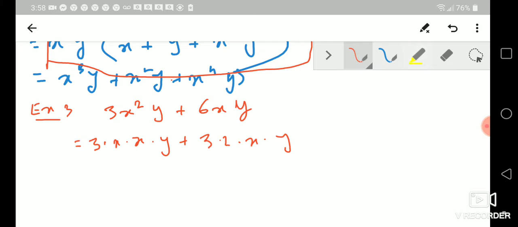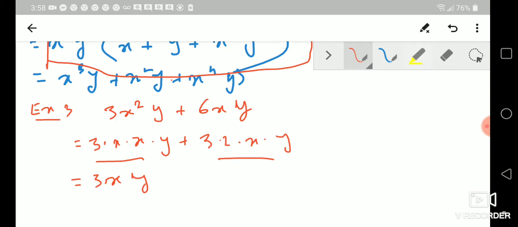Now first, we'll see what is common between the coefficients. In both terms, term number 1 and term number 2, what is common is 3. So we'll take 3. What is common between the x's? It's x. What is common between the y's is just y.